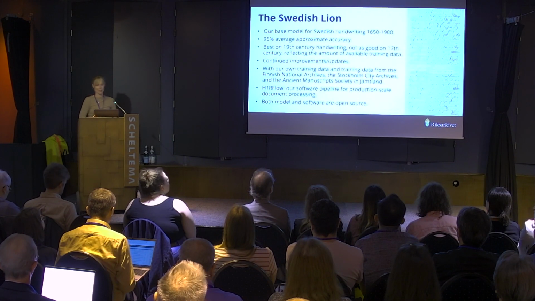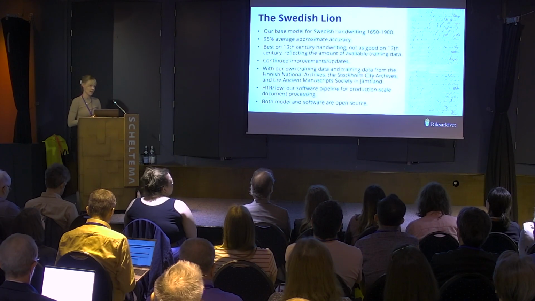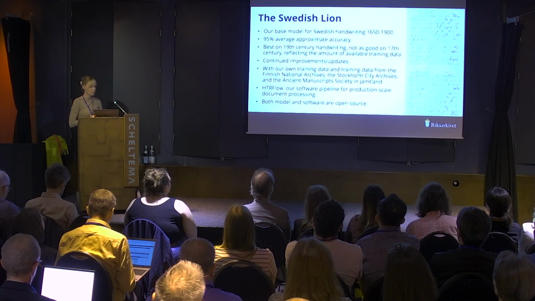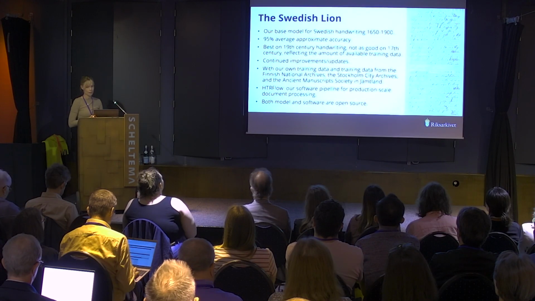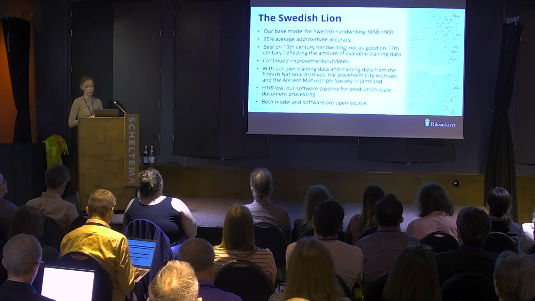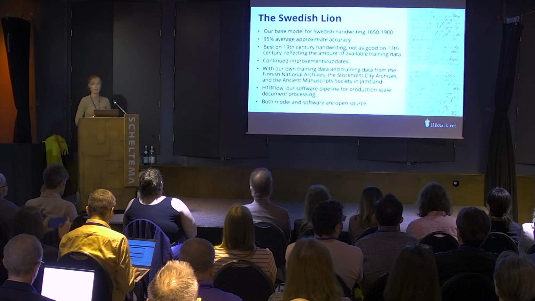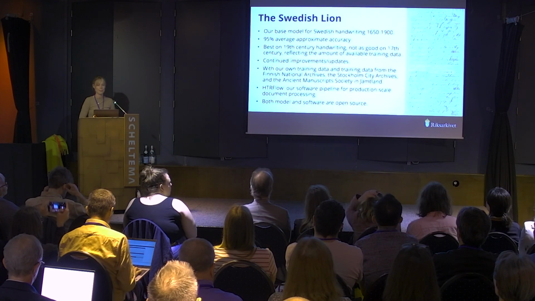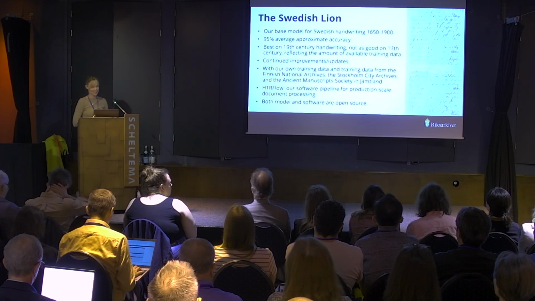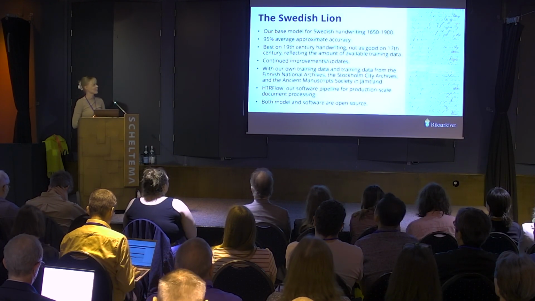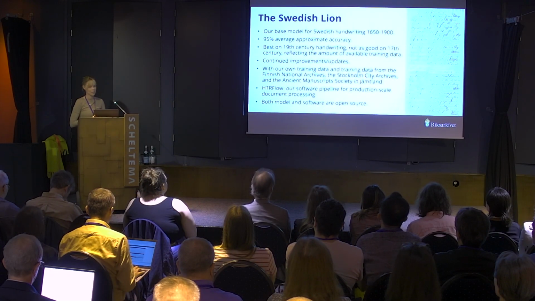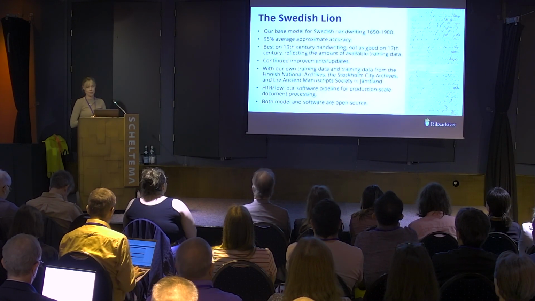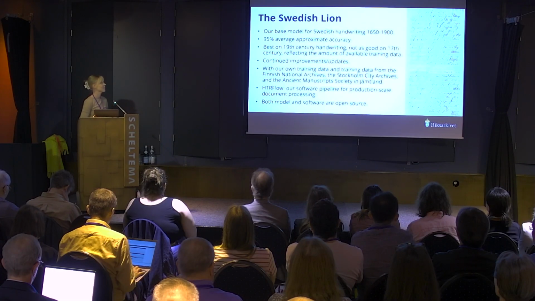But we are going to talk a bit about the last things on this timeline. And just really quick about the HTR base model that we are using right now. This is the result of our HTR and AI development. We call this model the Swedish Lion, and it is on average 95% accurate. It is best on 19th century handwriting, reflecting, of course, the available training data.